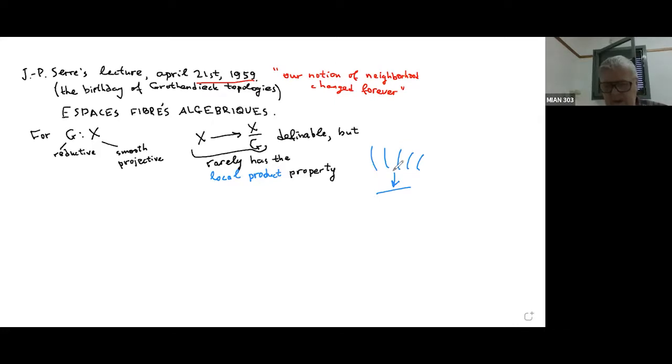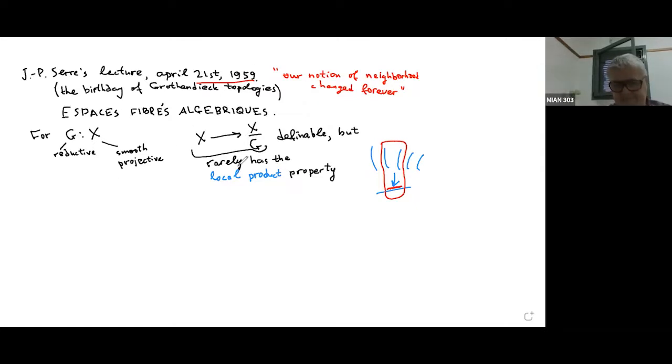And this idea of the orbits being principal homogeneous spaces, and the pieces of the fibrations behaving locally like products, had no algebraic geometric analog.